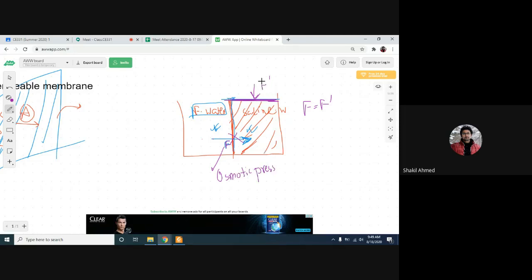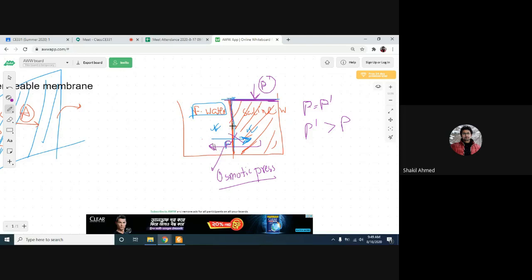When your applied force F prime, or pressure, let's call it pressure, is equal to the osmotic pressure, P equal to P prime, then it will be stopped, right? Now what happens if your P prime is greater than P? Then what would happen? Water will flow from there to there.